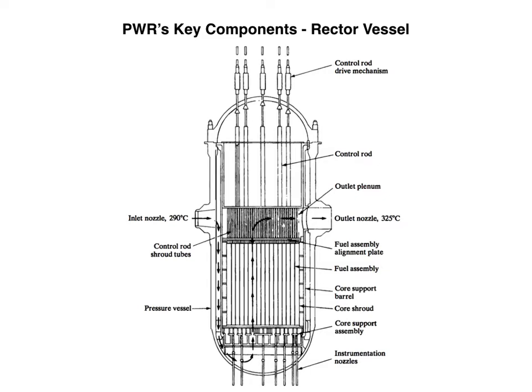The water in a pressurized water reactor is maintained at a high pressure, approximately 15 megapascal or 2250 psi. At this pressure, the water will not boil, at least not to any great extent.